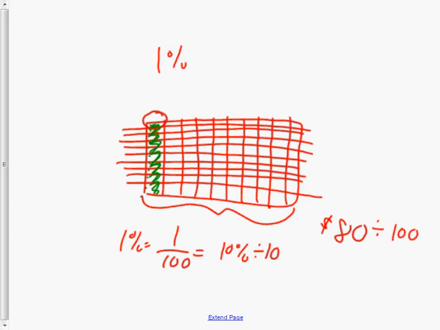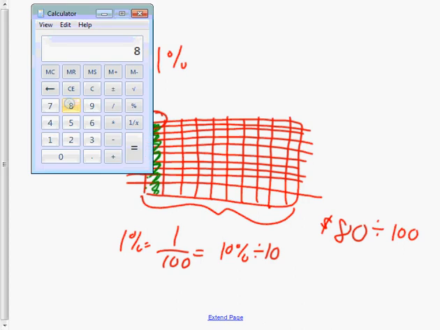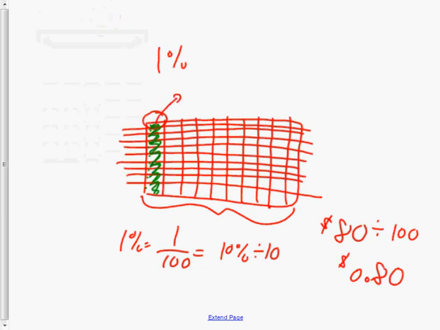Okay? And if I take $80, take my calculator again here, I'm going to put decimal zeros there just for fun, and I'm going to divide it by 100, I get 0.8. But since we're talking about money, I need to put an insignificant zero there, and I'm really talking about 80 cents. So this square here would be 80 cents.